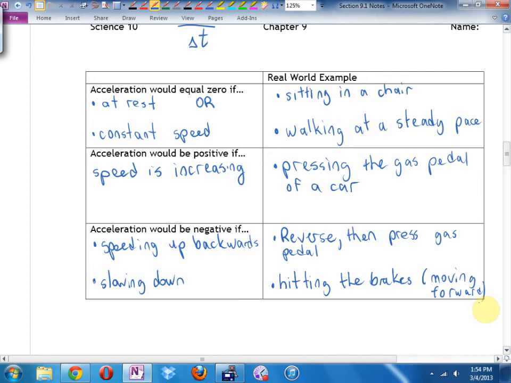I had to add that in brackets because what if you were in reverse traveling backwards? Do you hit the brakes then to come to a stop? Yeah. If you did that, you're traveling backwards, you're in reverse, and you hit the brakes, what direction is your acceleration then? Here was the obscure example: going backwards, but slowing down.